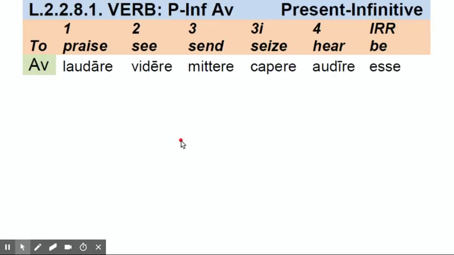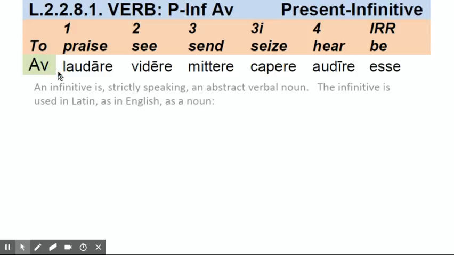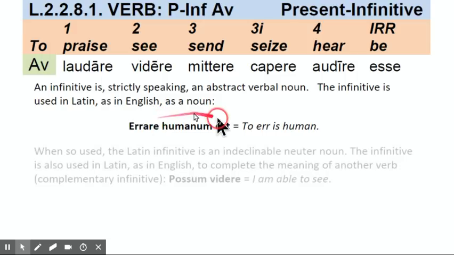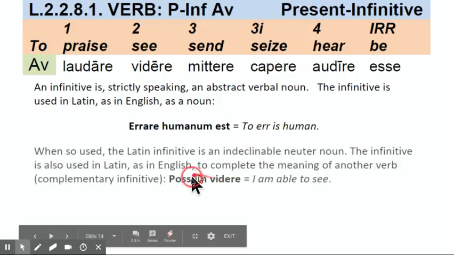Infinitives. Every conjugation has a separate infinitive. The infinitive at this stage of Latin for the first year is translated as to. It will change, but for this stage it's translated as to. So, to err is human. I am able to see.